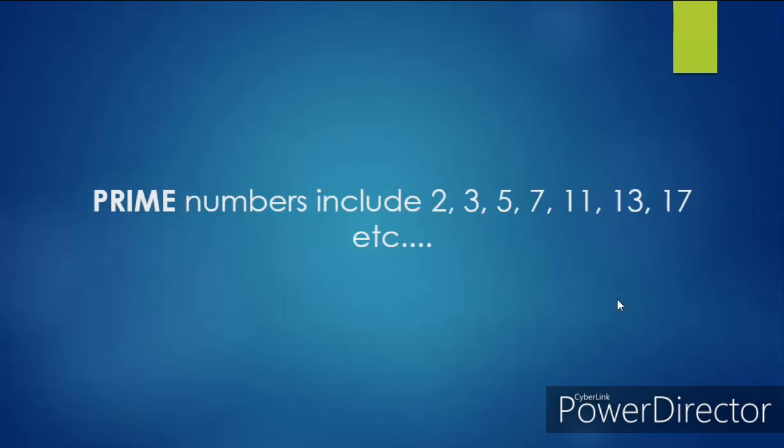You can only divide 2 by 2 and by 1. Same thing applies to 3. It's 3 and 1. No number will go into 3 apart from 3 and 1. The same thing applies to 5. No number will go into 5 aside from 5 and 1. 7 is the same thing, 11 is the same, 13 is the same, 17 is the same, 19 is the same, 23 is the same, and so many other prime numbers in the series.